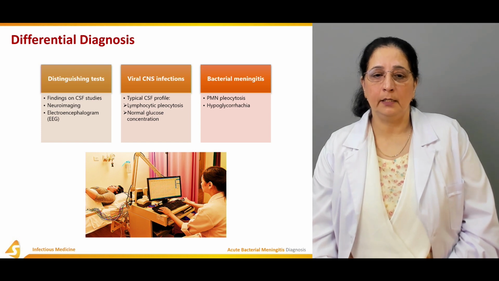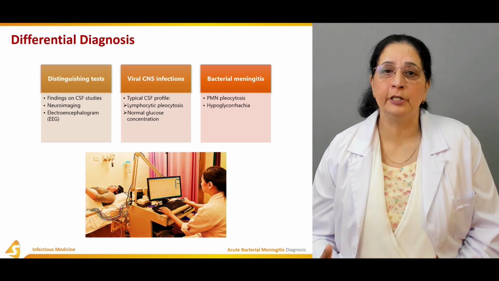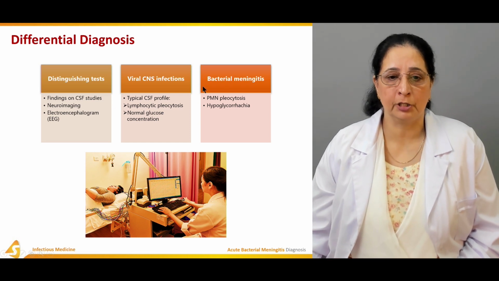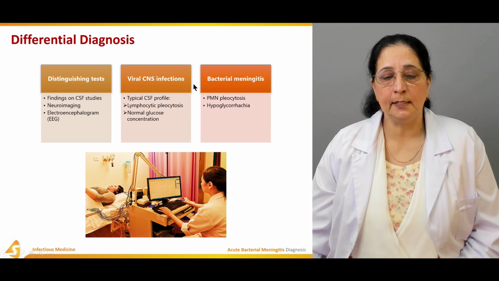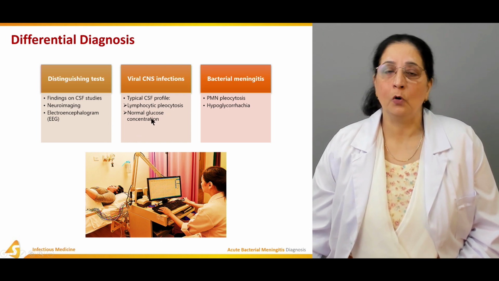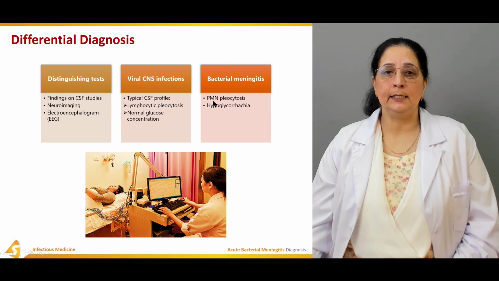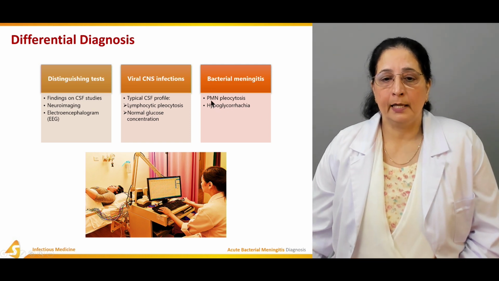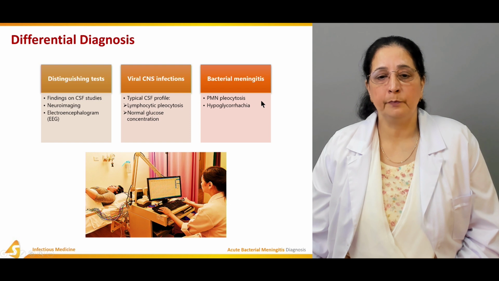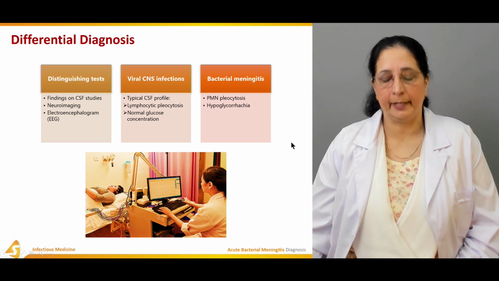These are the differentiating features between the viral CNS infection, with lymphocytic pleocytosis and normal glucose concentration, and the bacterial one, which is different, with polymorphonuclear pleocytosis and hypoglycorrhea.